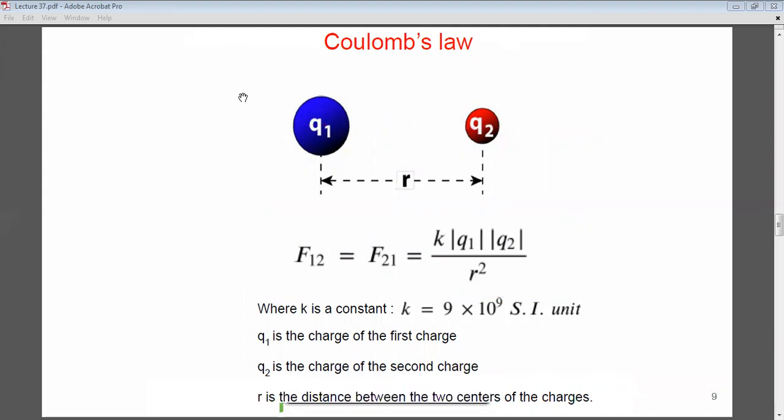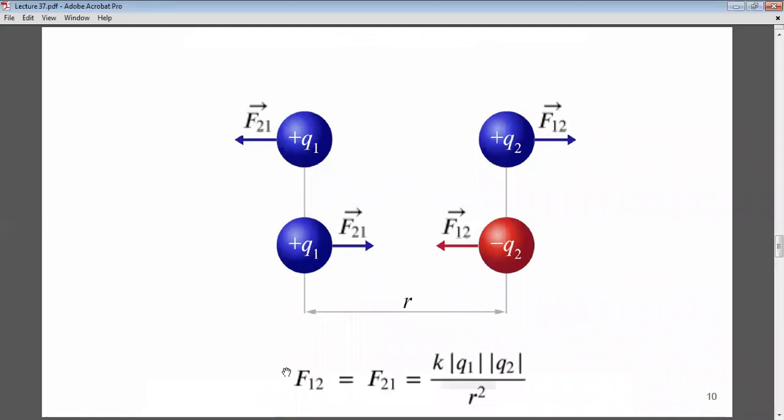Let's look at directions. If Q1 and Q2 are positive, then F12 and F21. What is F12? F12 is the force Q1 is exerting on Q2. F21 is the force Q2 is exerting on Q1. If they are both positive, the forces are repelling.